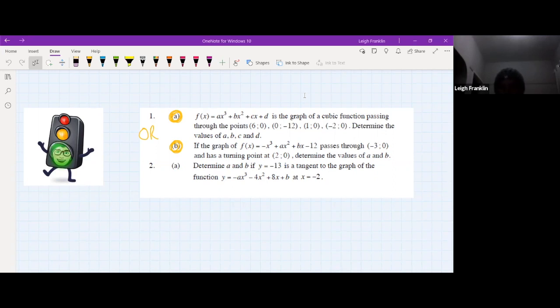Anyone work out the values of A and B yet?